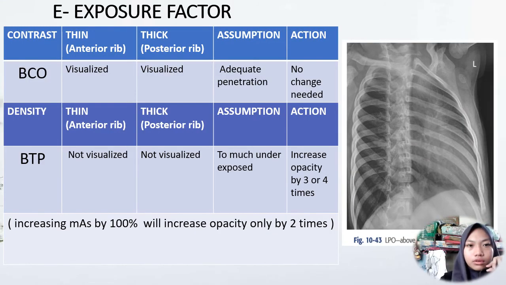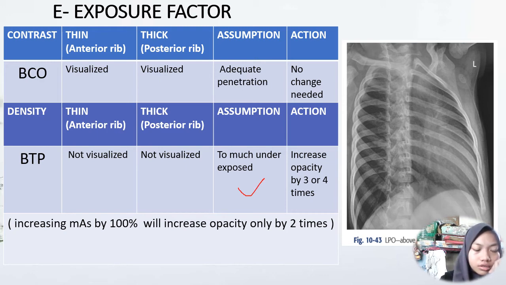Okay, E for exposure factor. For the LPO, the kVp used is adequate for penetration and contrast. This is because the bony cortical outline of the thin structure, which is the anterior rib, is visualized, and the thick structure of the posterior rib is visualized, so no change needed. Next, the mAs used is inadequate because it is too underexposed.